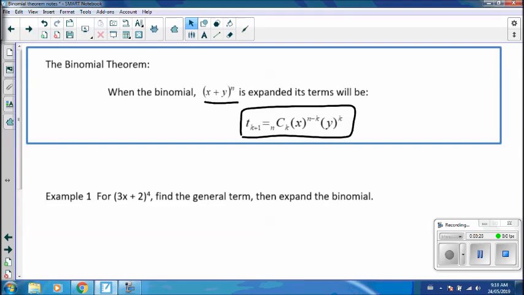So this x is our first term in the binomial. That's this guy, first term. Y, the second term, is here. N, which appears in a couple of places in the formula, is the exponent. That's n. And k is specific to each term.